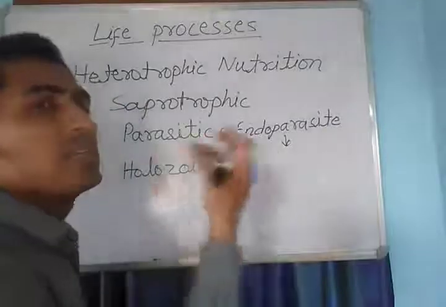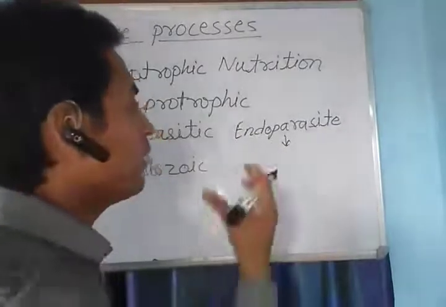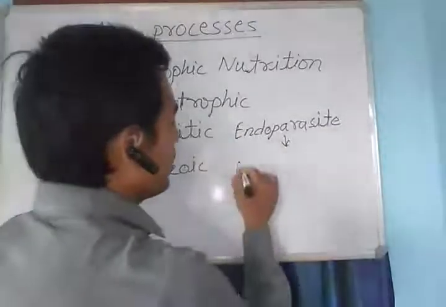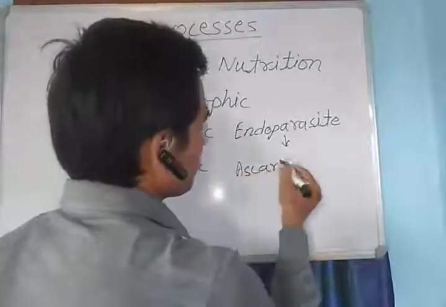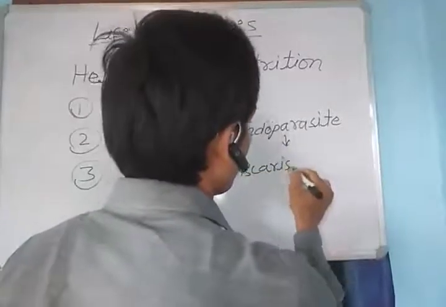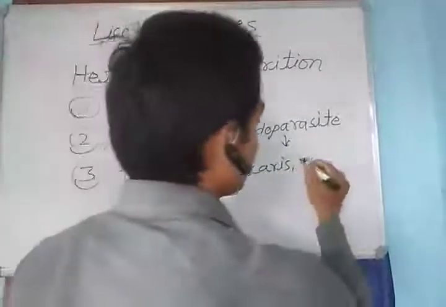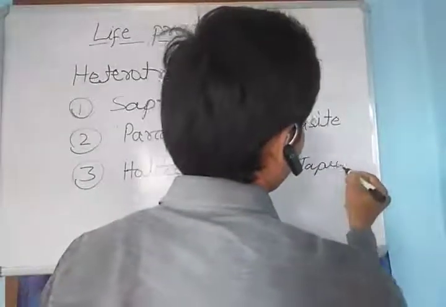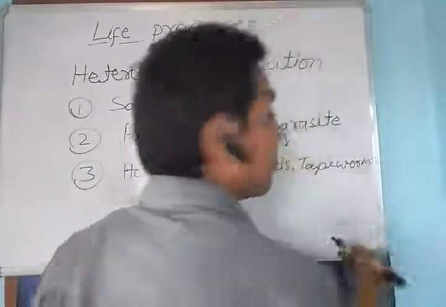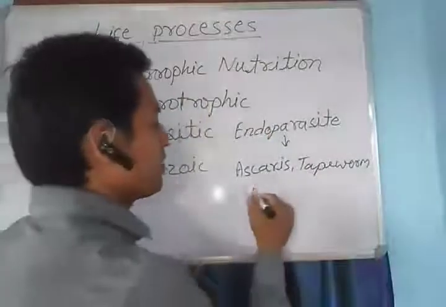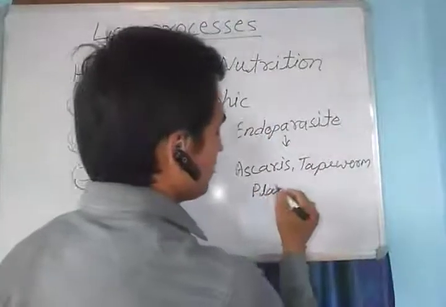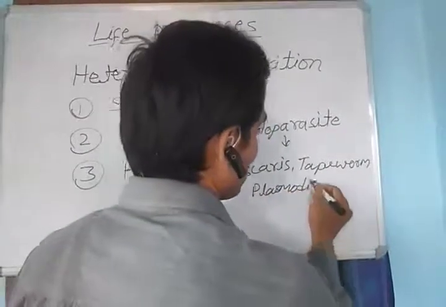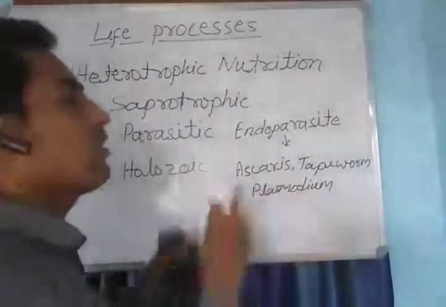They cause disease. Endoparasites are Ascaris, tapeworm, and Plasmodium, which causes malaria. These are the examples of endoparasites.